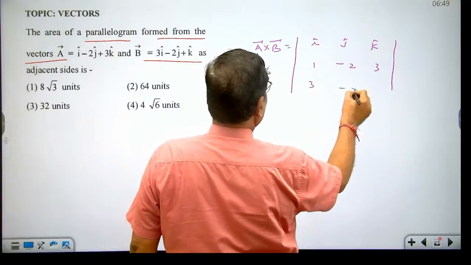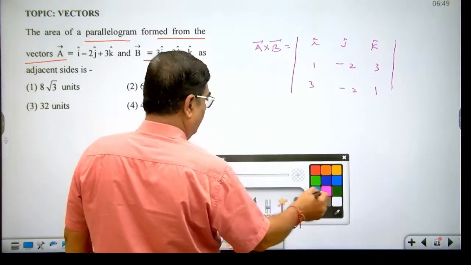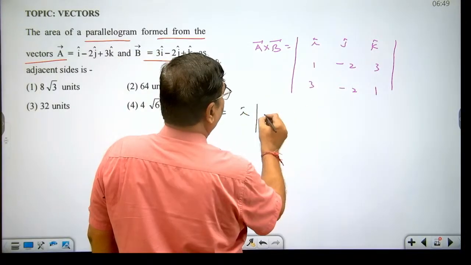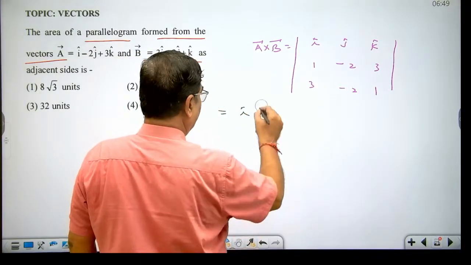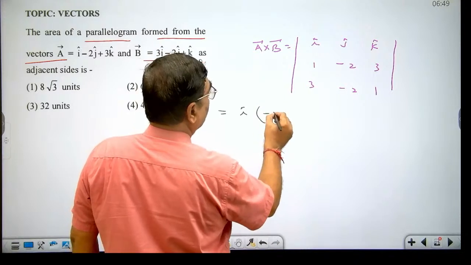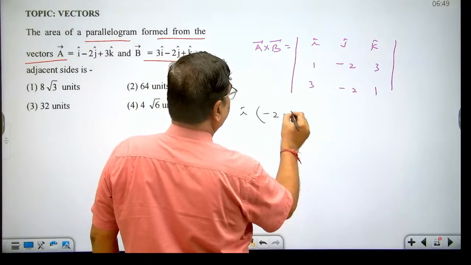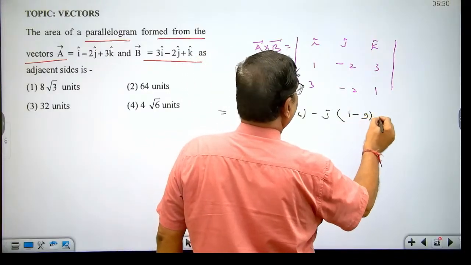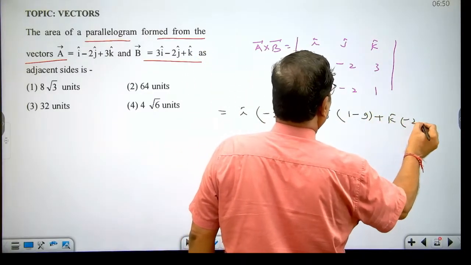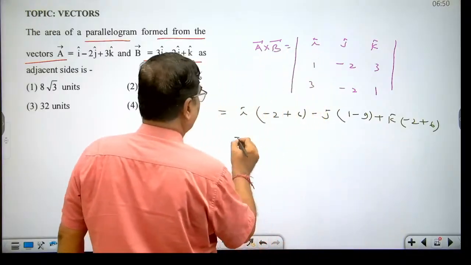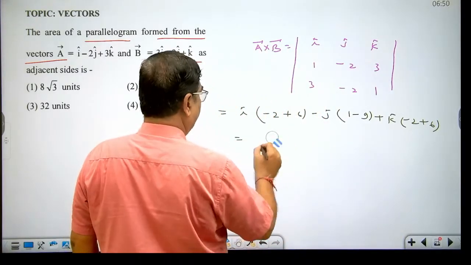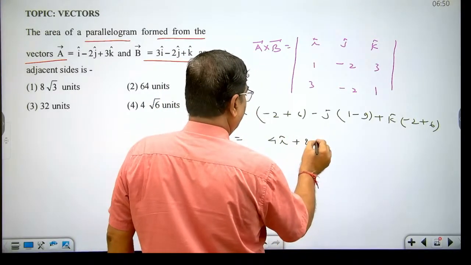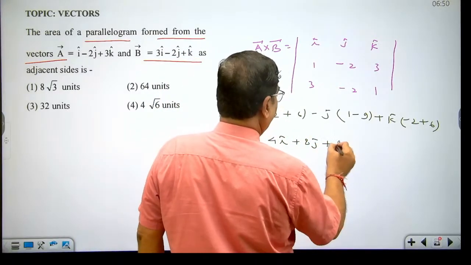This is 3, minus 2 and 1. Let's start solving this determinant. We will get i cap into minus 2 plus 6, minus j cap into 1 minus 9, plus k cap into minus 2 plus 6. So after solving this, this will be 4i cap plus 8j cap plus 4k cap.